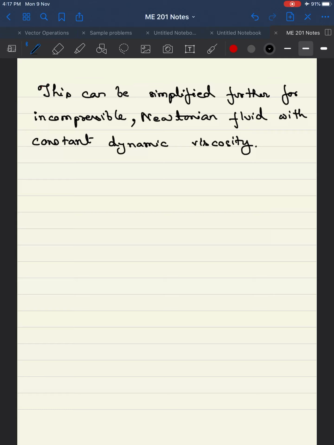Here, let's say the pressure terms are usually written first, this is just a matter of convention, and the body force terms are written last.